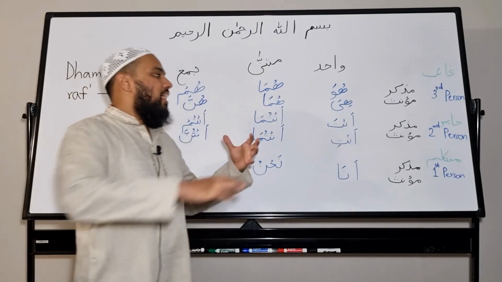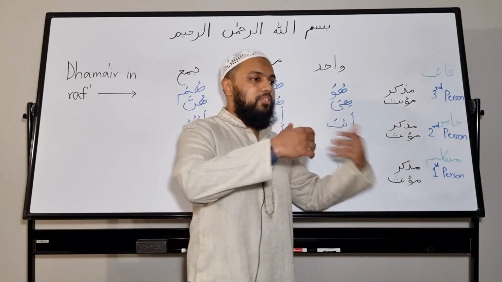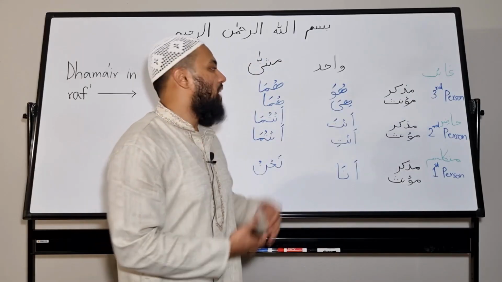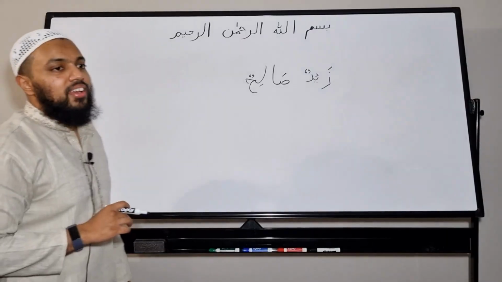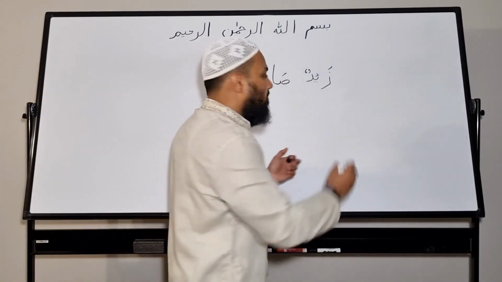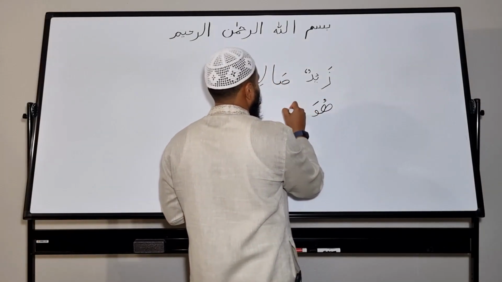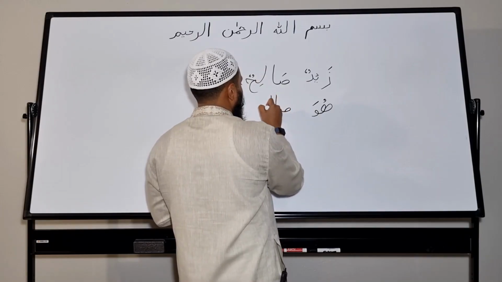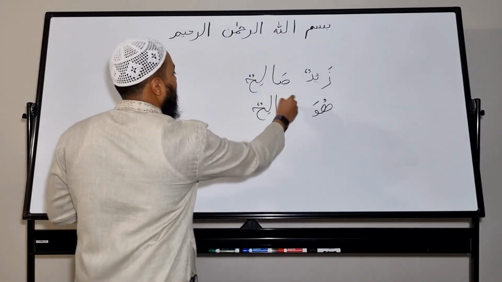So let us try to implement this understanding into Jumla Ismiya. We haven't done that yet, so we'll do that now. Zaidun Salihun. What will this become? Instead of Zaid, Huwa Salihun. Right?